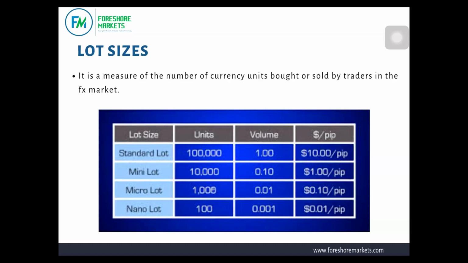So in the Forex market, the unit of measurement of how much currency you're buying or selling at any point in time is the lot size. In the Forex or currency market, you say, I want to buy one lot of euro dollar, or one lot of crude oil, or one lot of dollar yen. That is the language of the FX market.